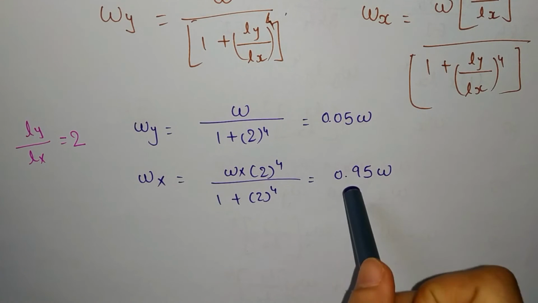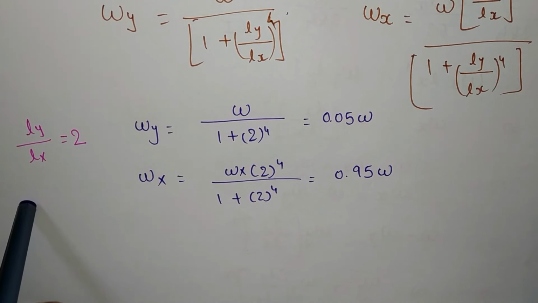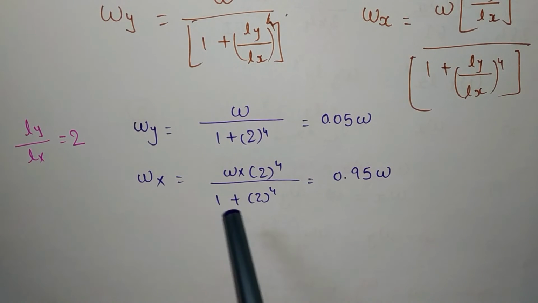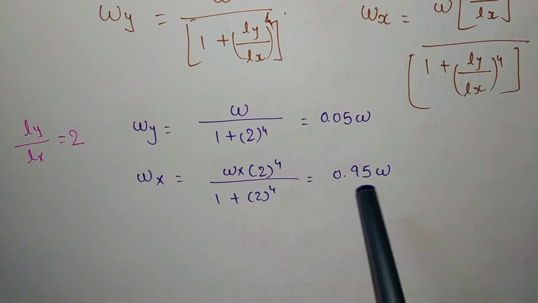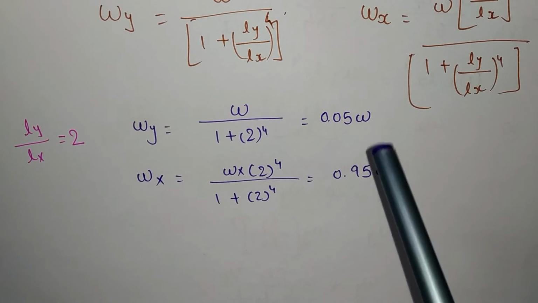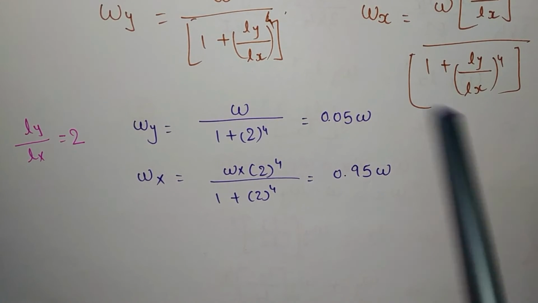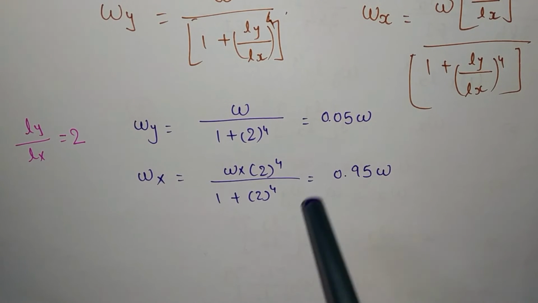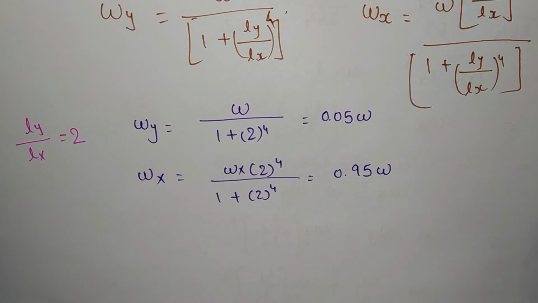The load carried by the edges in X direction is much more than the load carried by the Y direction, and that's why the bending happens only in one direction.